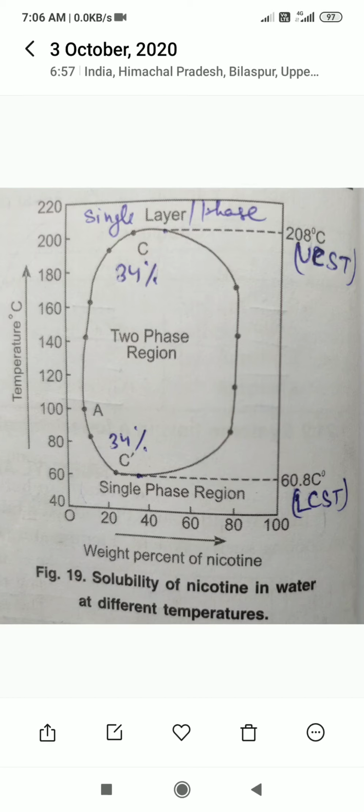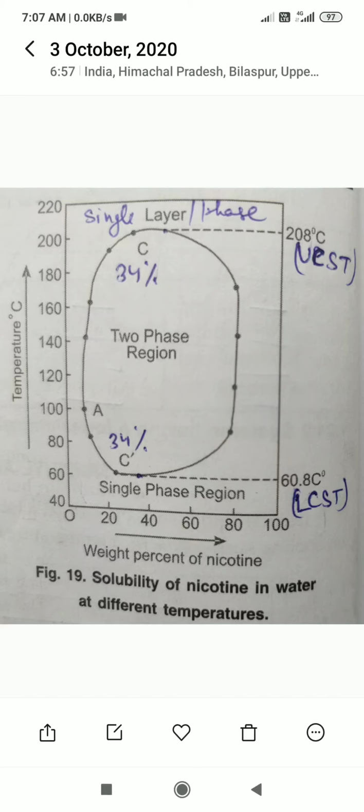Now I would like to make you clear this in another way. We are having nicotine water, we start dissolving nicotine in water. So at room temperature nicotine will be completely soluble in water, as this diagram shows. So we will get only one layer, but as the temperature reaches 60.8 degrees Celsius, two layers will separate out above 60.8 degrees Celsius, but that will depend on the percentage of nicotine.